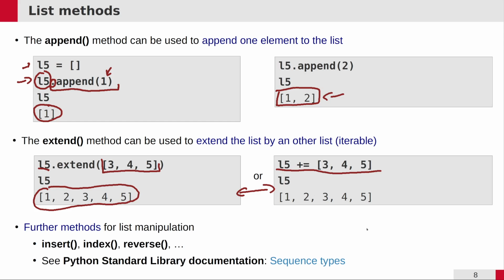There are a lot of other methods which can be used to manipulate lists or change their contents. I definitely won't show you all of them here because there are numerous. You can just look up the Python standard library documentation about sequence types to see what is possible.